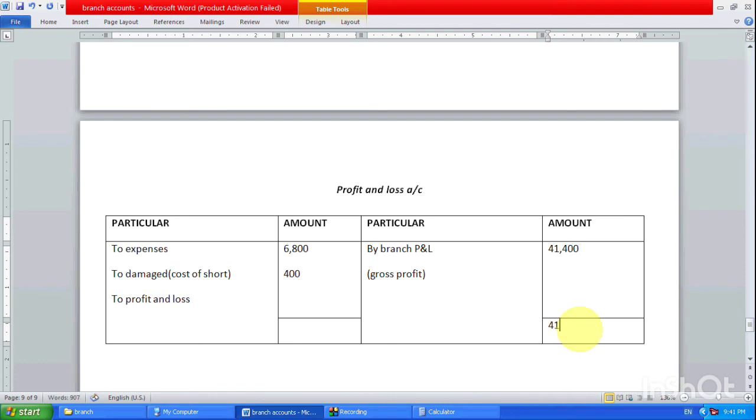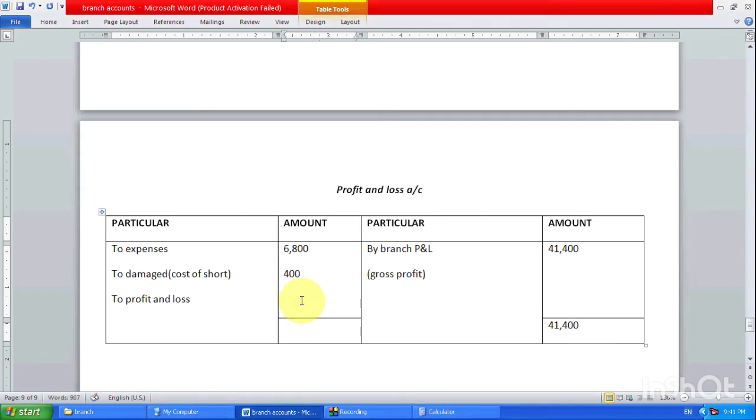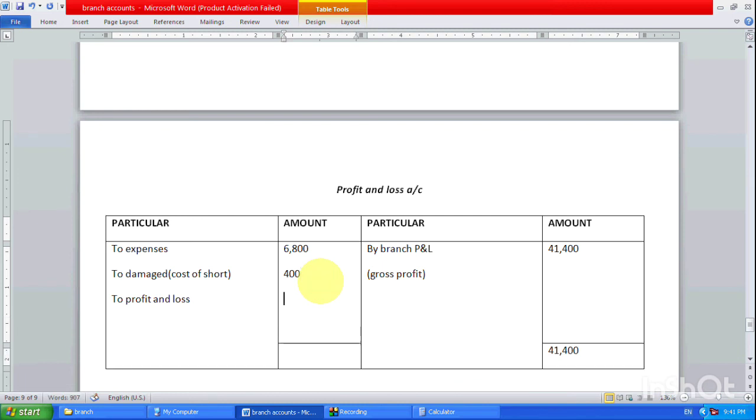From these 41,400, first deduct 400, then means 41,000, then deduct 6,800, so it's overall 34,200.